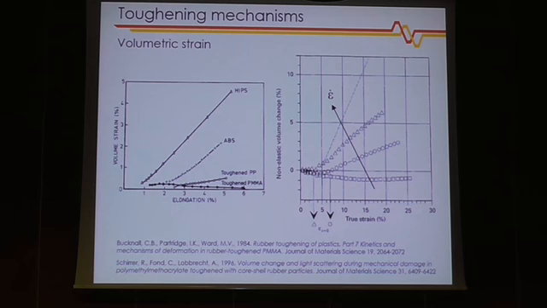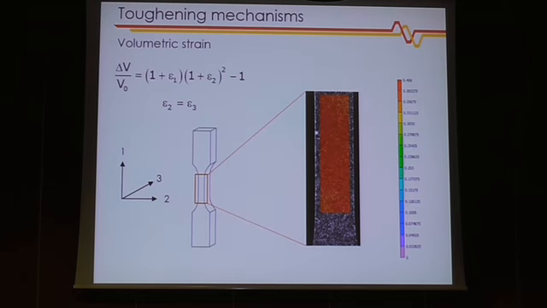So we studied the volumetric strain by performing tensile tests where the deformations were evaluated with digital image correlation, and under the assumption of transversal isotropy, we measured the volumetric strain with this relation.